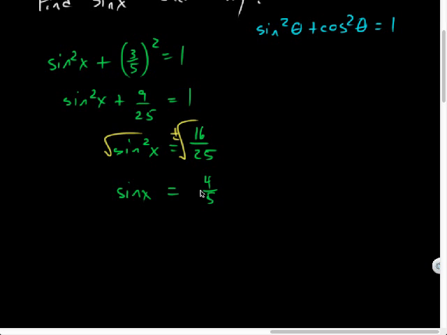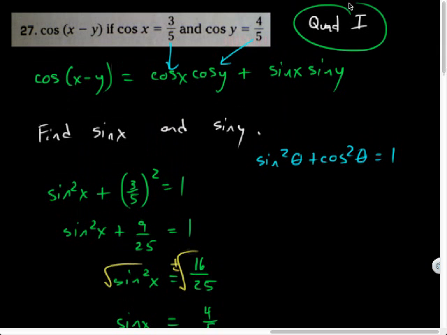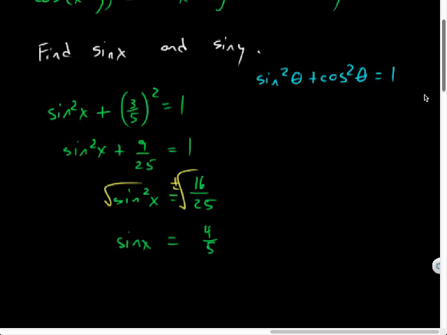Now, question. Was this positive or negative? Well, if my angle's in quadrant 1, I happen to know that sine is going to be positive, so I can ignore the minus part there. So I get sine x is equal to 4/5.